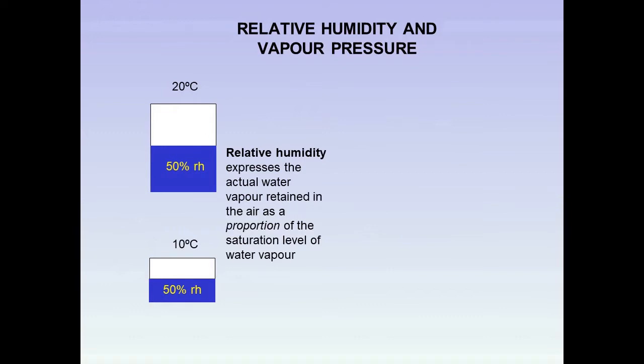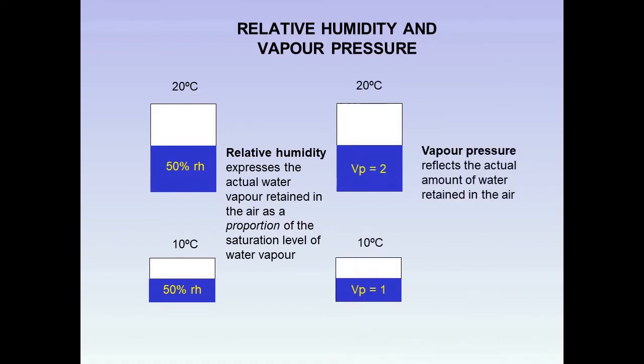So, if we look at these together, on the left we have our example of relative humidity as a proportion. But if we look at the example on the right, we can change those into, for example, vapor pressure. And just for convenience, we've simply called them units. So the one at the top now becomes 2 units, and the one at the bottom is now 1 unit.